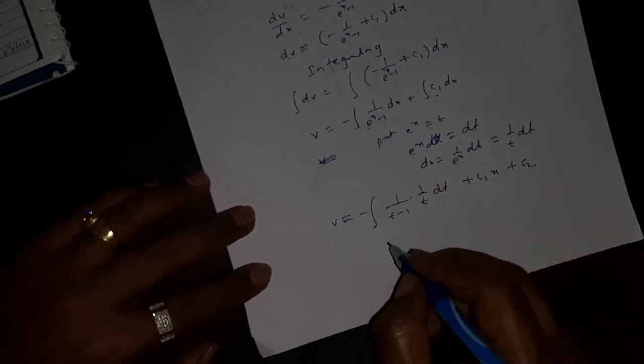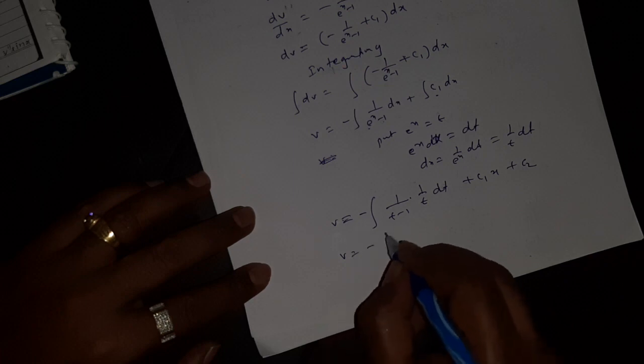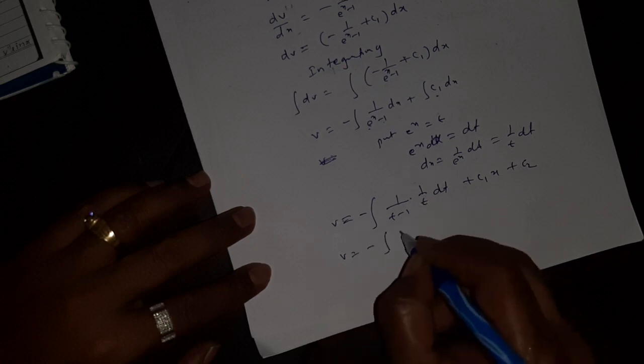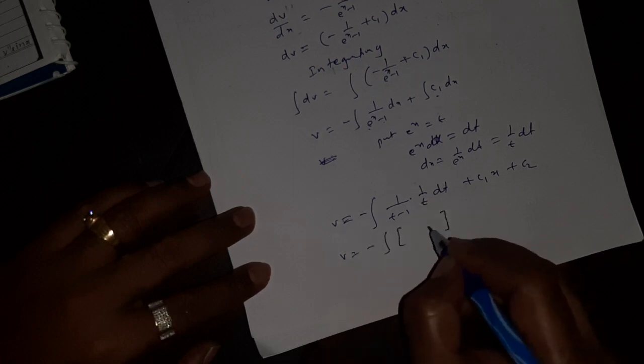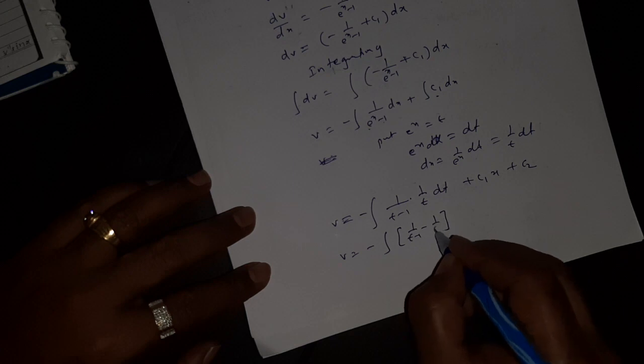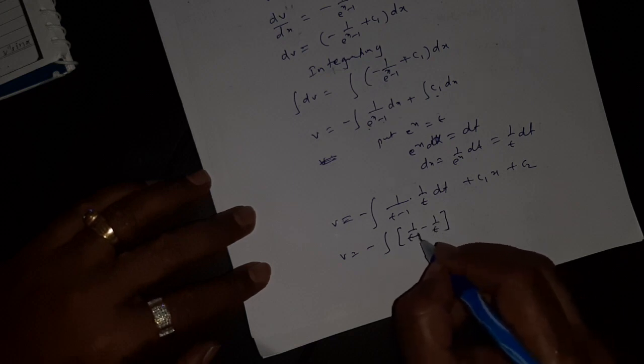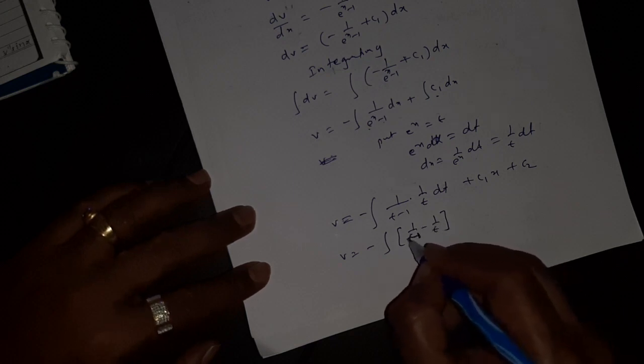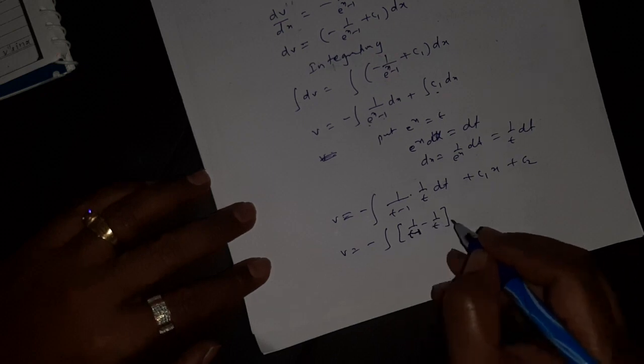Okay, so we solve this integration by using partial fractions. So what are the factors? These are the factors: 1 by t minus 1, minus 1 by t.